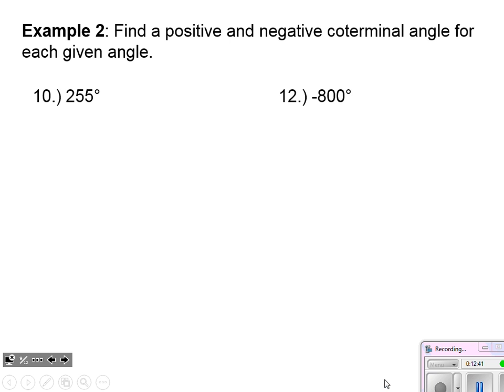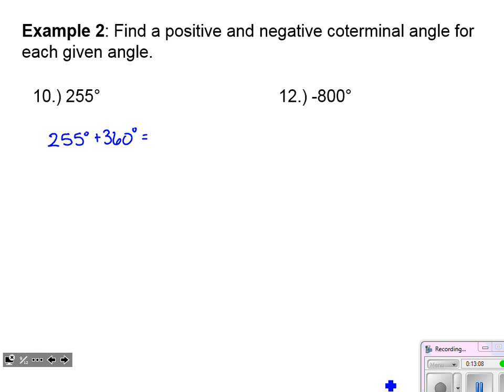All right, example 2, find a positive and negative coterminal angle for each given angle. If I'm at 255, that's already positive, so 255 plus another 360 will give me a positive coterminal angle. It's going to be huge, but it will be a positive coterminal angle. I can't subtract 360 because then I'd be negative.